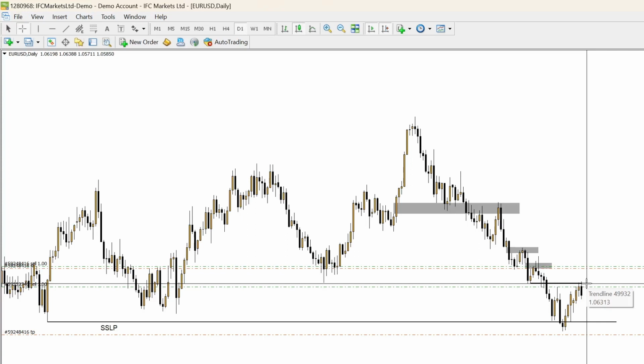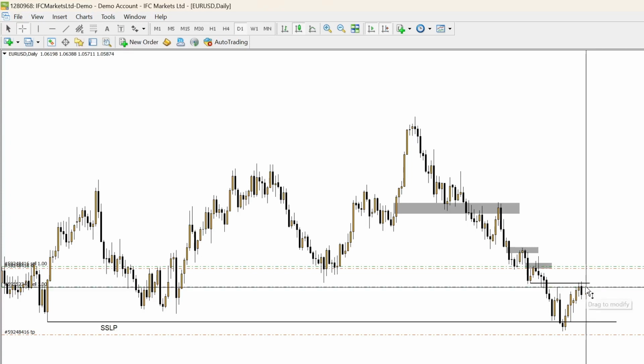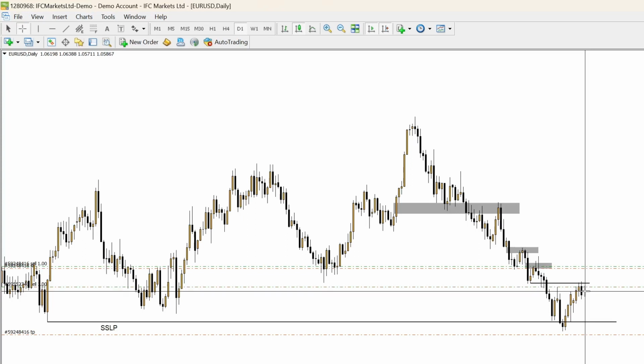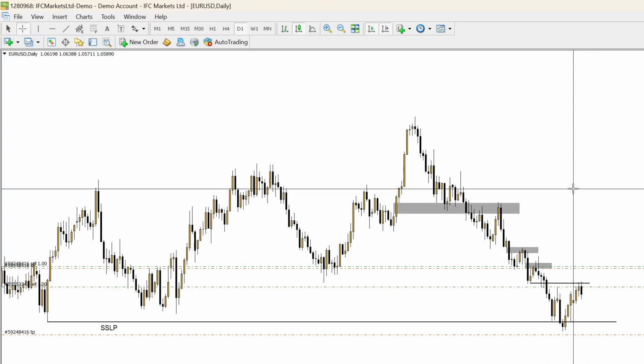You can see on the right-hand side, I think OBS can capture it, 1.06300. And even right here we have a big figure as well, 1.06. It's very close to the point of entry.